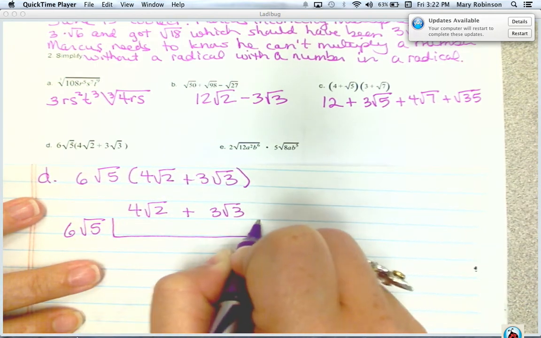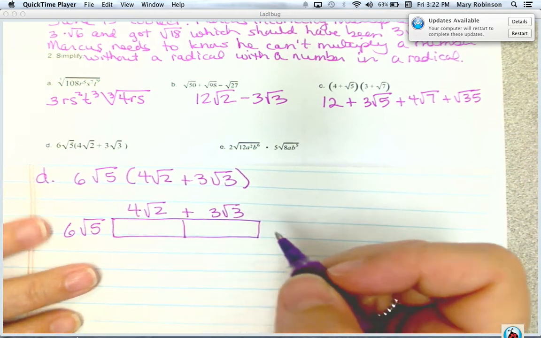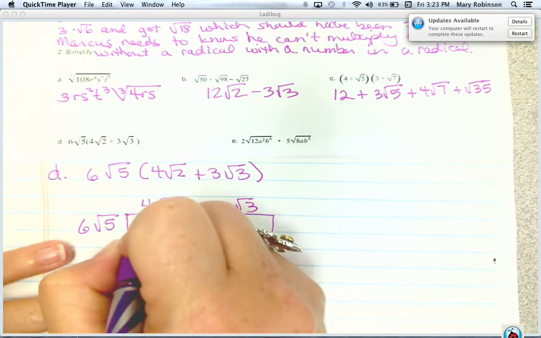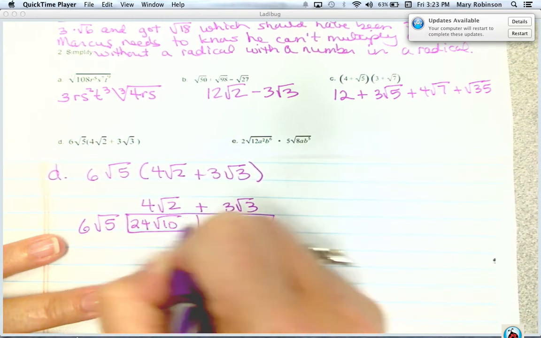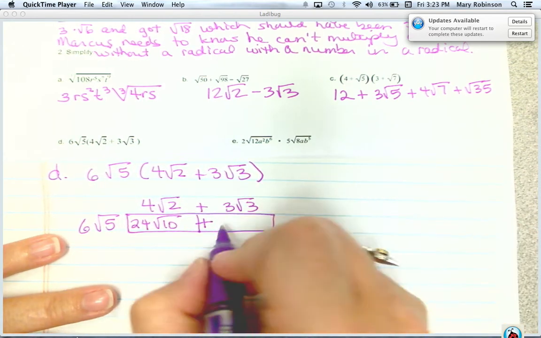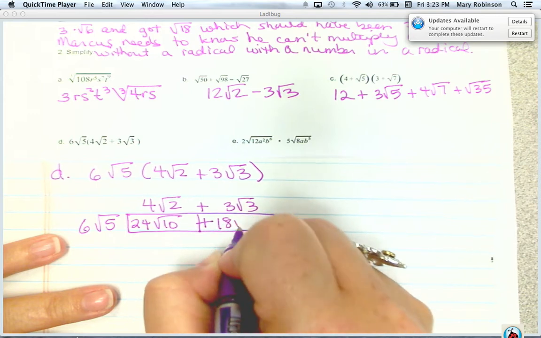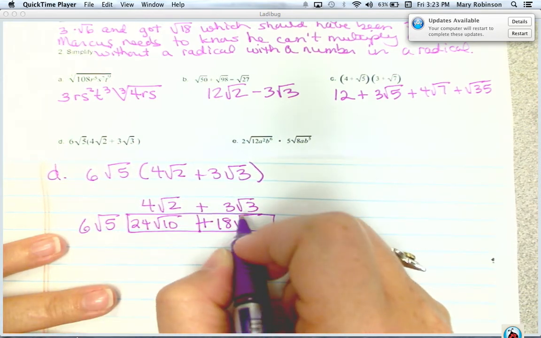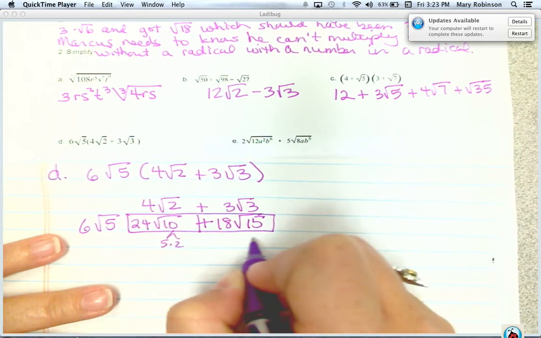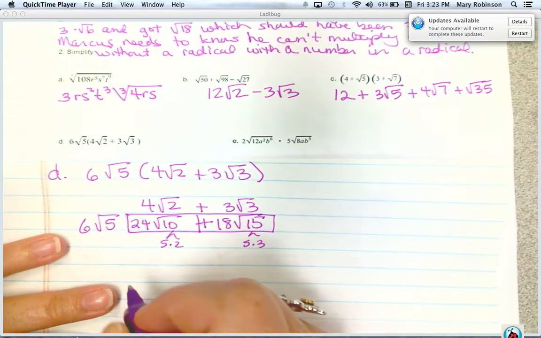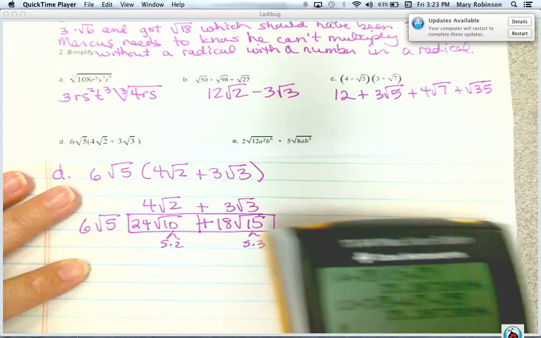It would just be a 2 by 1 box here. So 4 times 6 is 24, 5 times 2 is 10, then plus 6 times 3 is 18, 5 times 3 is 15. When you break these down, the only factors are 5 and 2 and then 5 and 3, none of which simplify, so that would be our final answer.